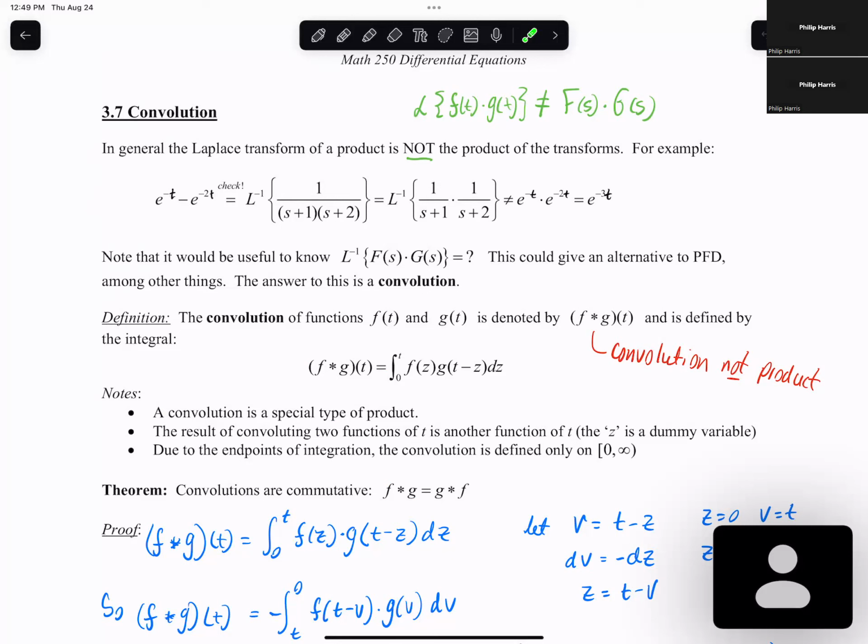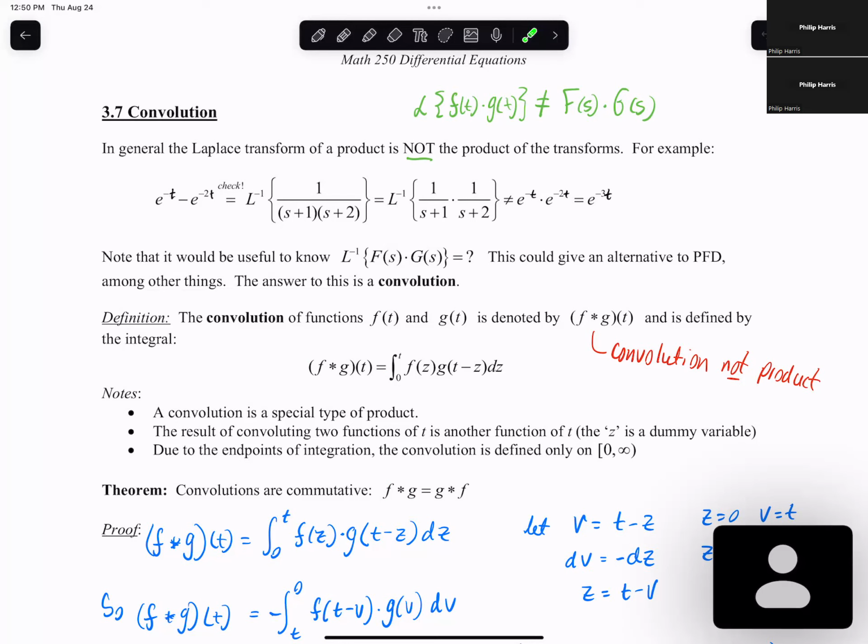Again, this is just an example. It would be handy to have an idea of what the Laplace inverse is of big F times big G. For example, if we knew an answer to this, it might give us an alternative to doing PFD. And there are other applications as well. It turns out this convolution that we've been talking about is basically the answer to this question.